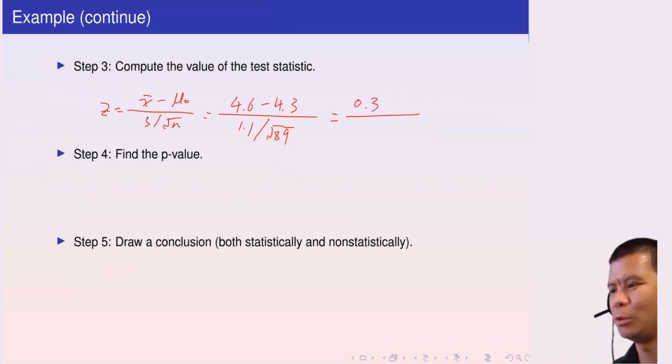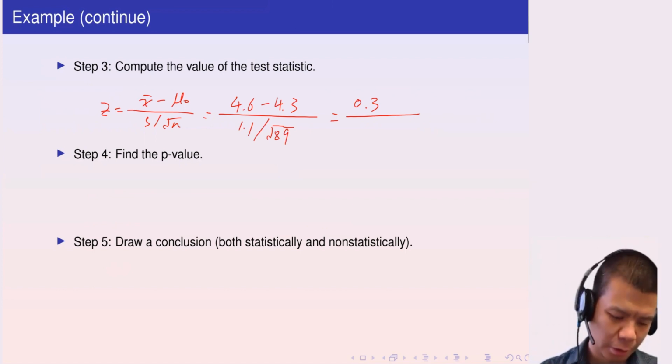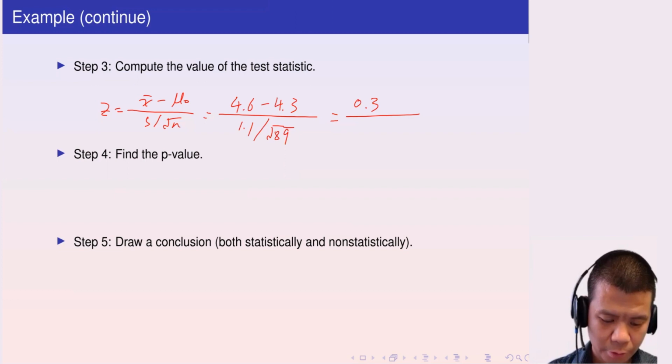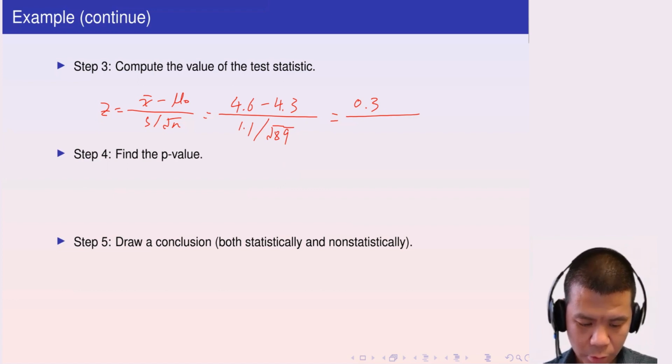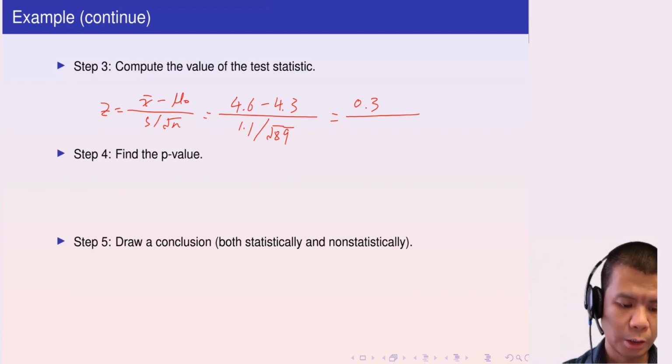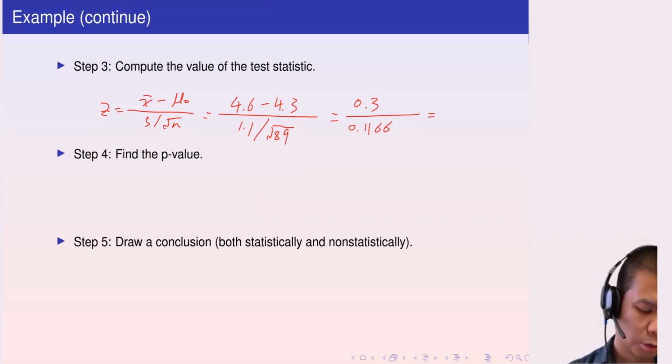For the bottom, I need to use my calculator. 1.1 over 8.5 gives 0.1166.